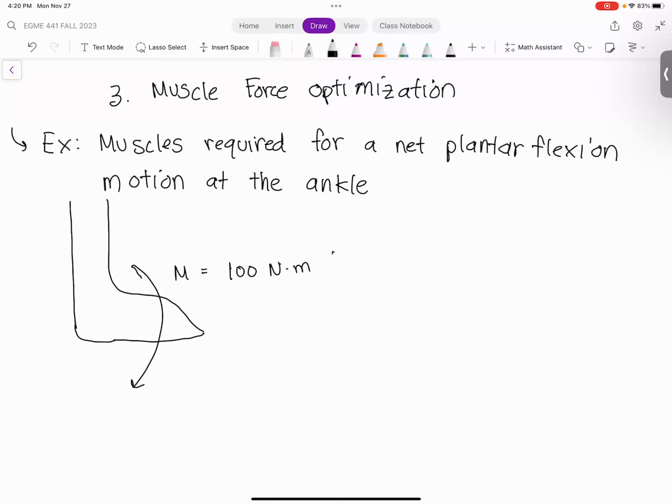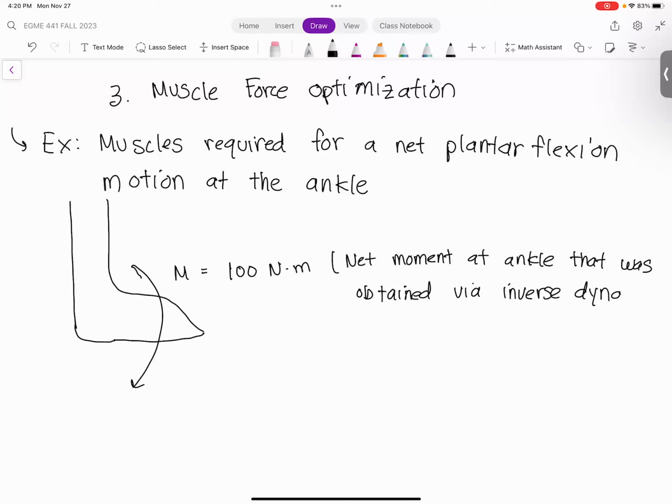So this right here is the net moment at the ankle that was obtained via inverse dynamics.